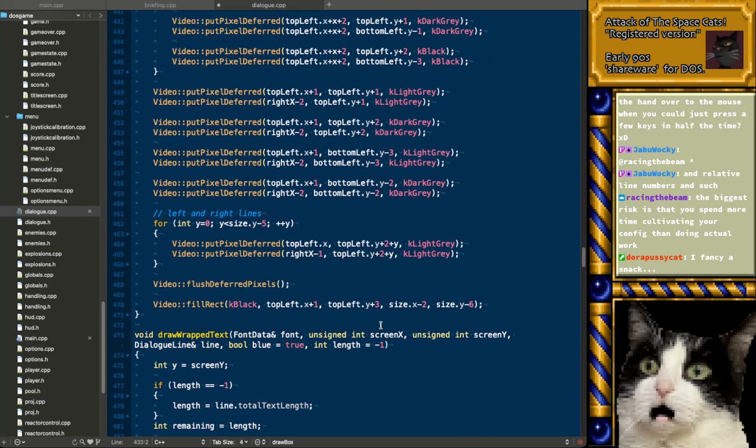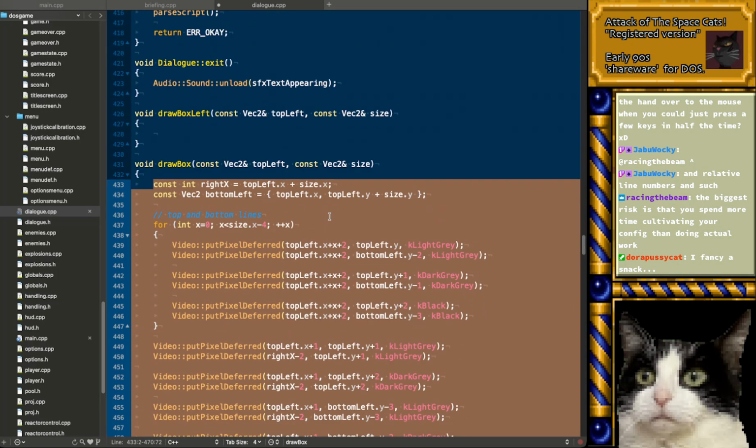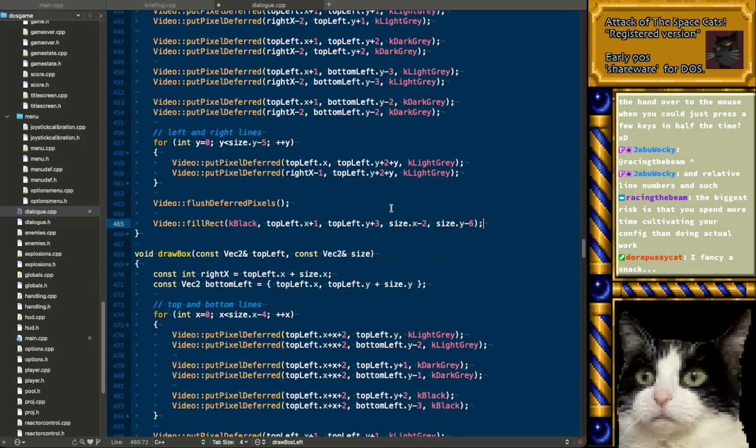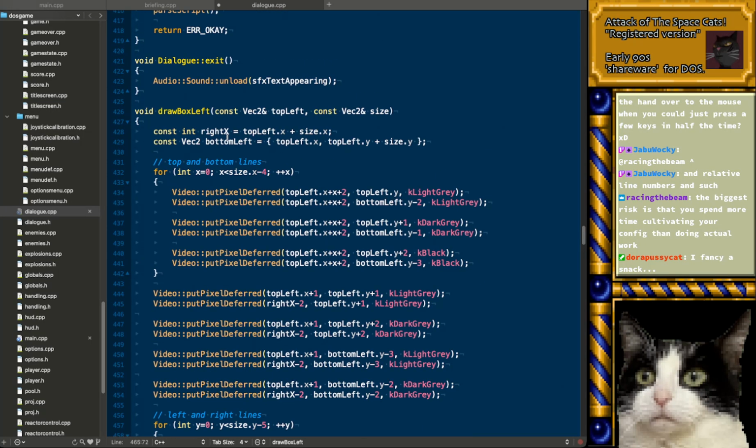Well, I'll just start with a copy of it for now. So, got the four corners of it, top and bottom lines.